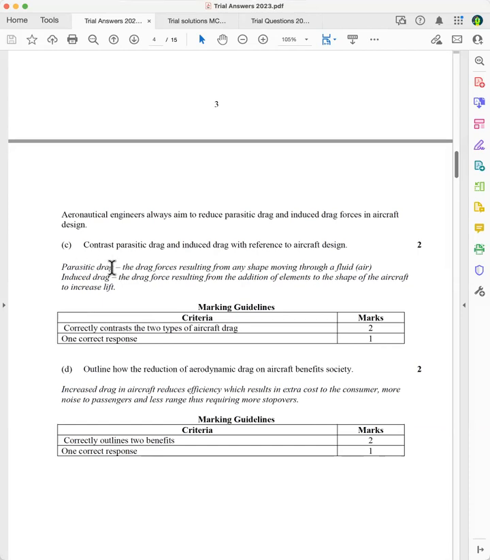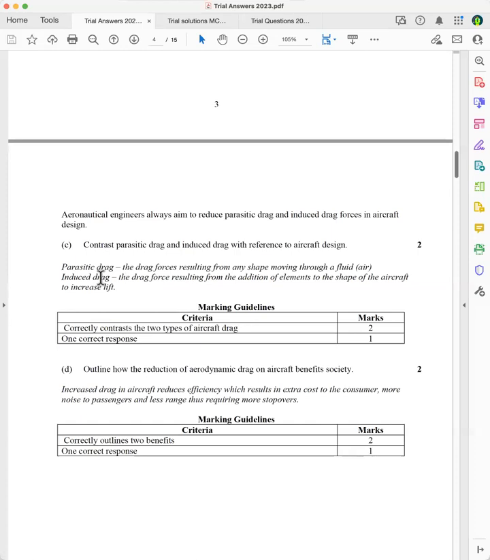Parasitic drag, now, is the drag resulting from any shape moving through a fluid. So that is, you throw a rock, that's parasitic drag. But you put wings on the rock, that's induced drag. Induced drag is the drag resulting from the addition of elements.